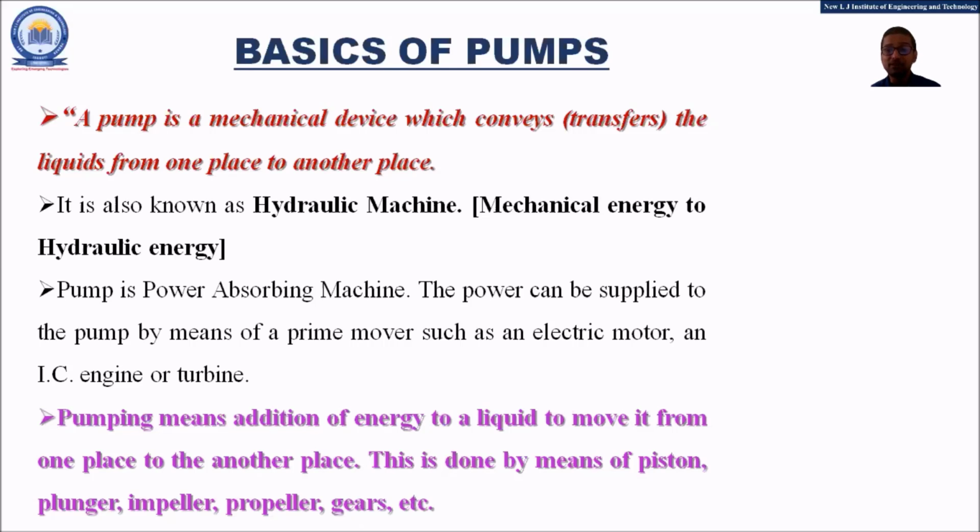In that pump, we have done the work on the pump. That means we are supplying external power to the pump in order to transfer the liquid from one place to another place.